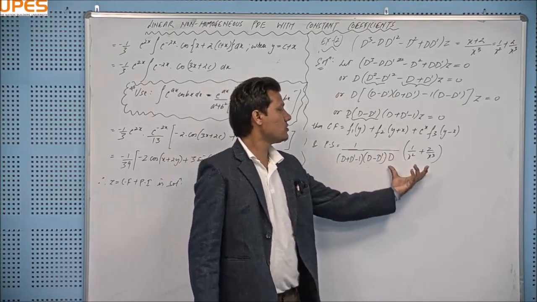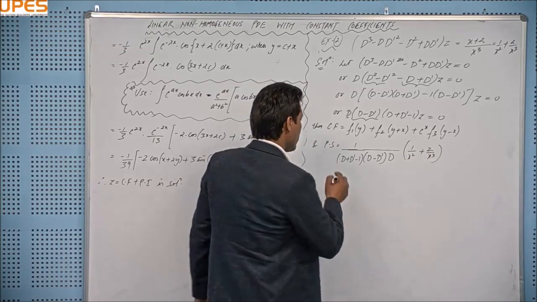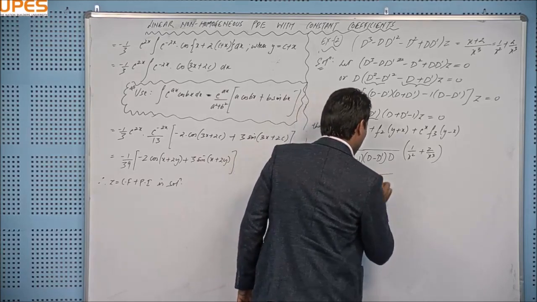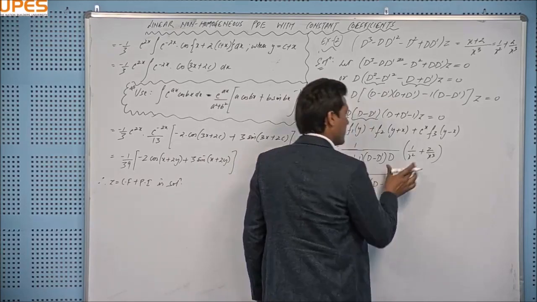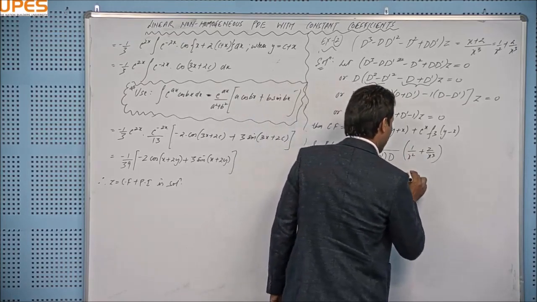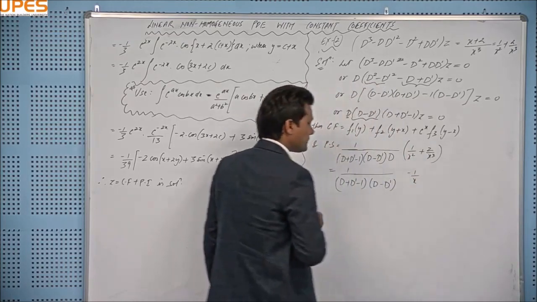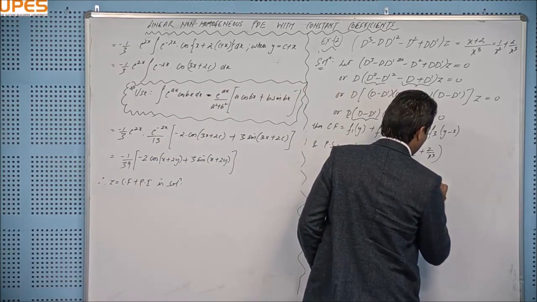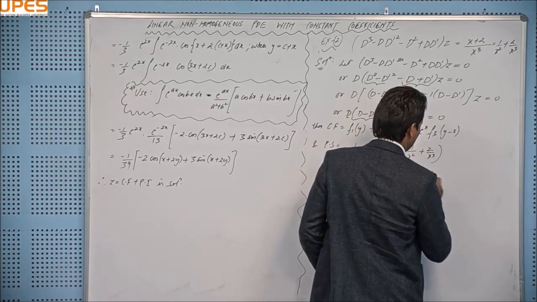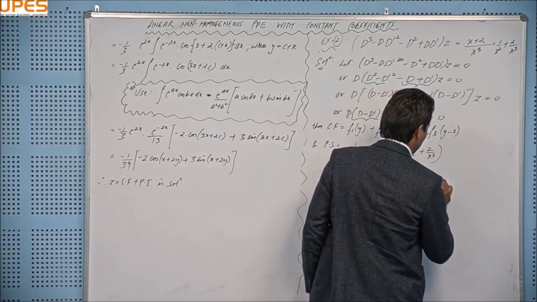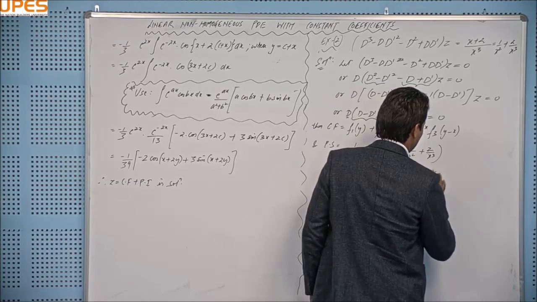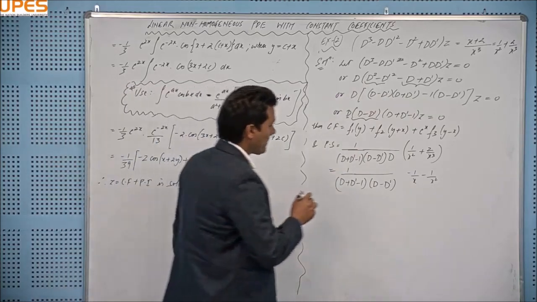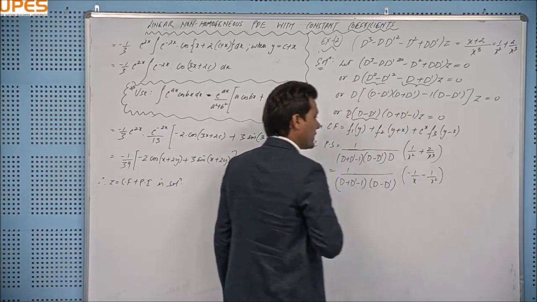So 1 over D operated on this means integration of this thing, which gives 1 over D plus D dash minus 1, D minus D dash, and then 1 over D operated on this will give minus 1 upon x, the integration of 1 upon x square, and 2 upon x cube will give minus 1 by x square. So this will be my function after integrating it.